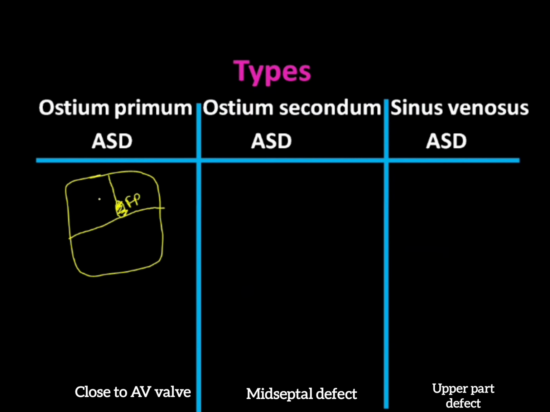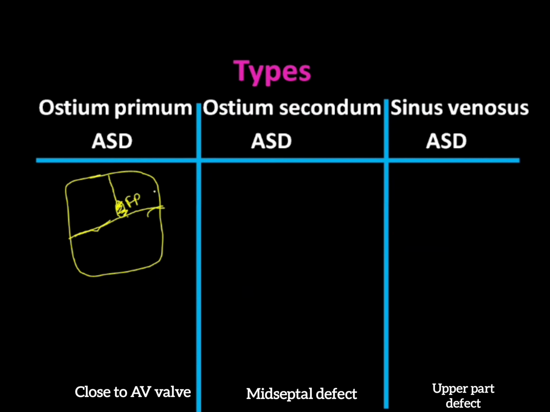Now what is the peculiarity of this defect? First of all, it is present in the lower part closer to the atrioventricular valves, and second, attaching this septum primum to the endocardial cushion also stimulates the endocardial cushion to develop the valves well. So it needs the help of the septum primum so that the valves develop well. When the septum primum is not developing well, what will happen to the development of the valves?